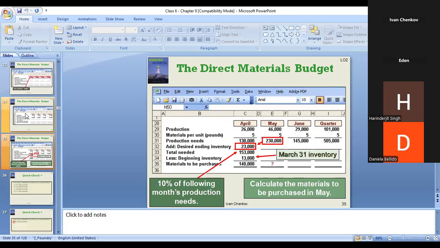Then we're going to start adding the 10% of the ending balance that we need for each month in order to start the following month with the beginning inventory, in this case. So we get that 10%, and we're calculating that the material that we need to purchase for April is 140,000 pounds.